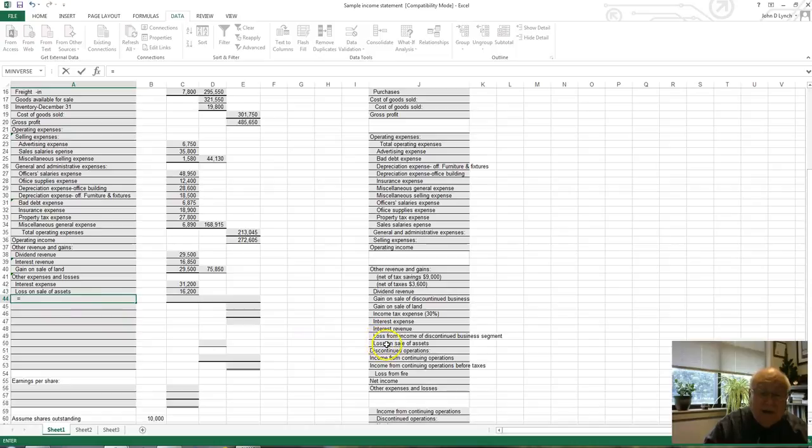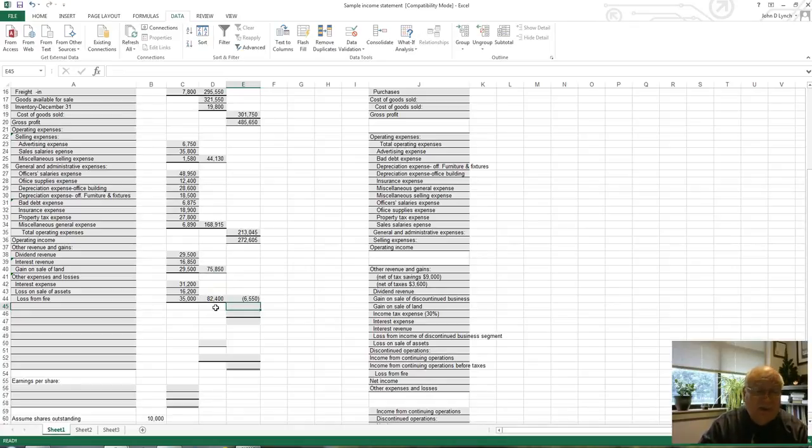You don't have that every day, but that also goes into the other expense category because it can happen. And that's going to be for $35,000. We then add those up, so we have $31,200 plus $16,200 plus $35,000 for a total of $82,400.